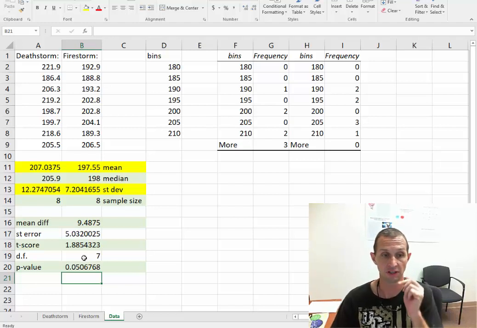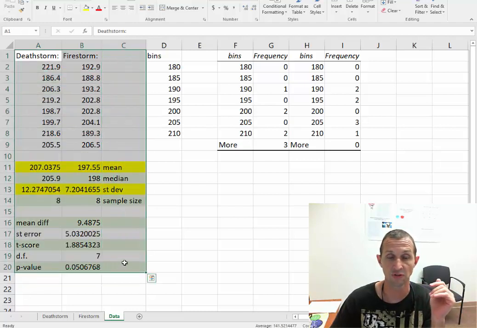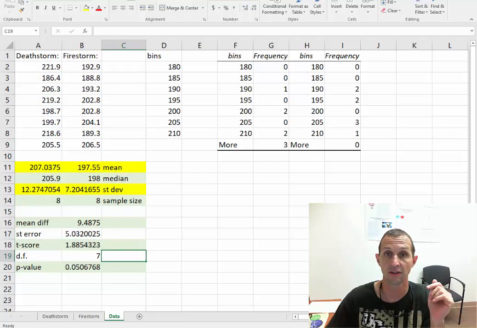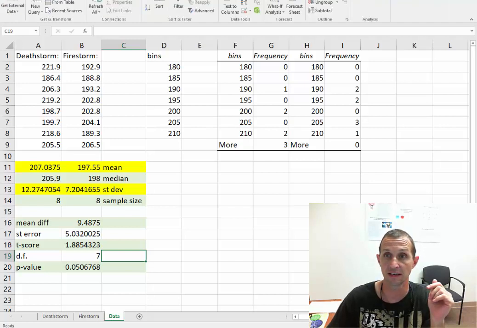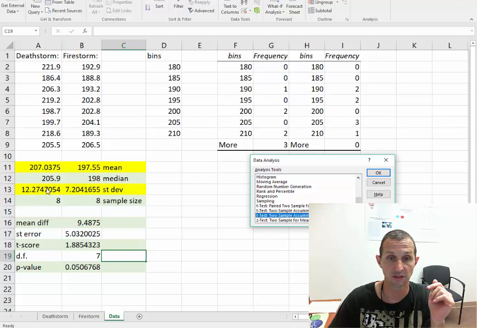Now, there is an easier way to do it. And you're like, why didn't you tell me? Well, because some of you may have professors that want you to do it this way, okay? Now, it does turn out that if you go to Data and the Data Analysis tool, at the bottom there is a t-test: two-sample assuming unequal variances. That's what we had because our variances are not equal. They're very different.